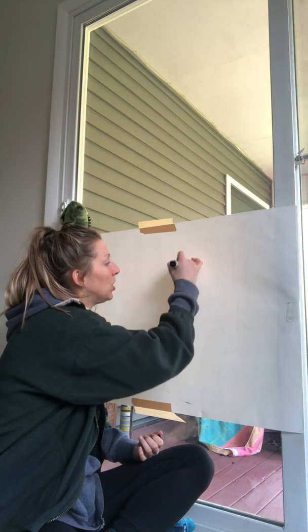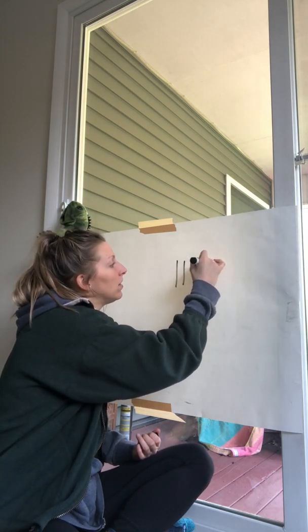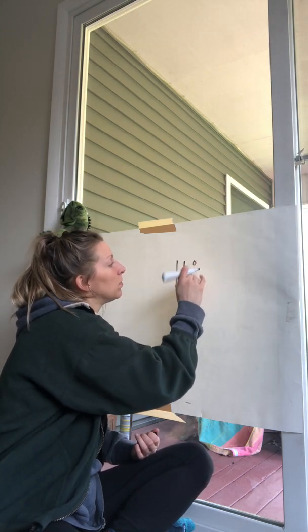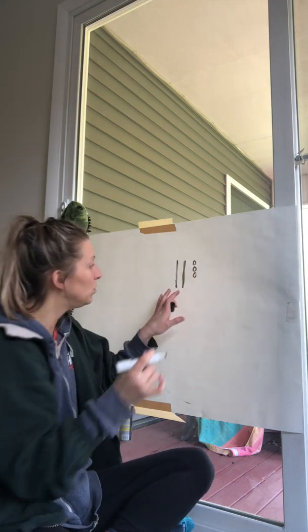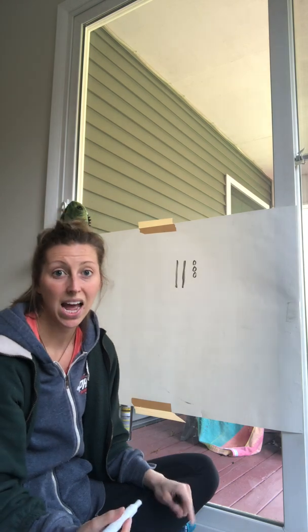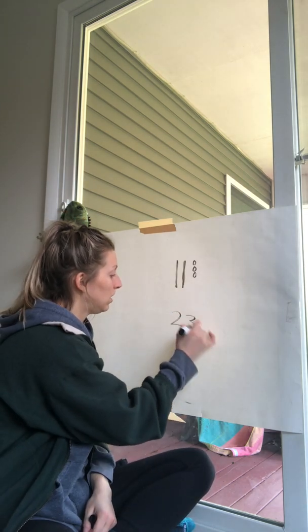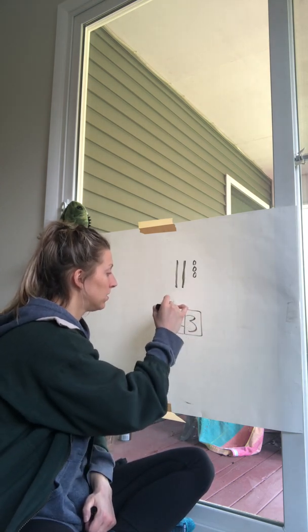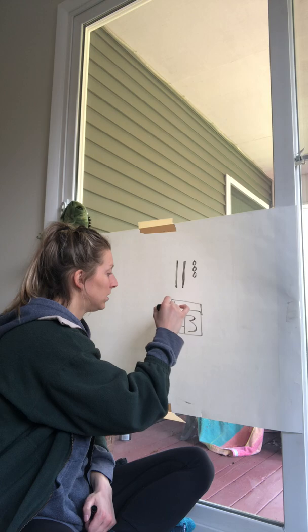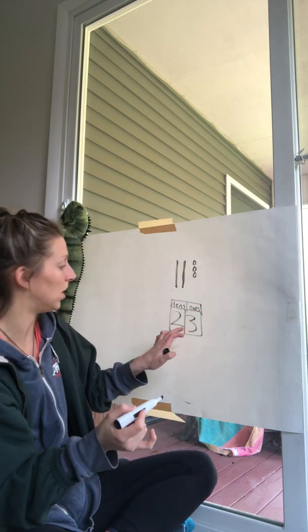So if I start with 20, let's see, draw my circles, 23. Okay, my 2 10 sticks and 3 1s. I have 23. And here's my 10s and 1s in my place value chart.